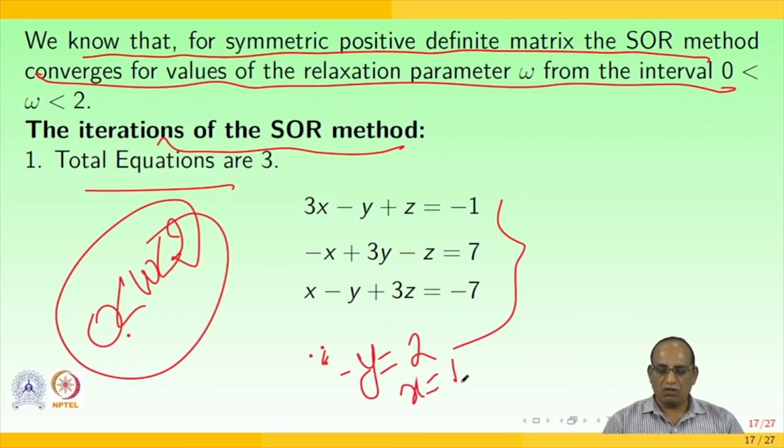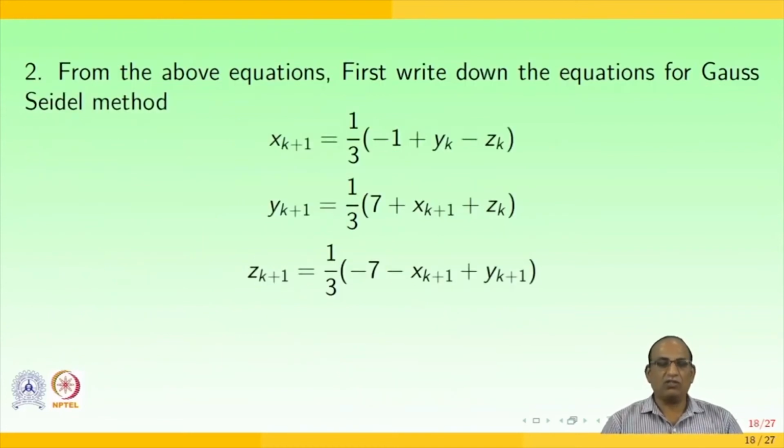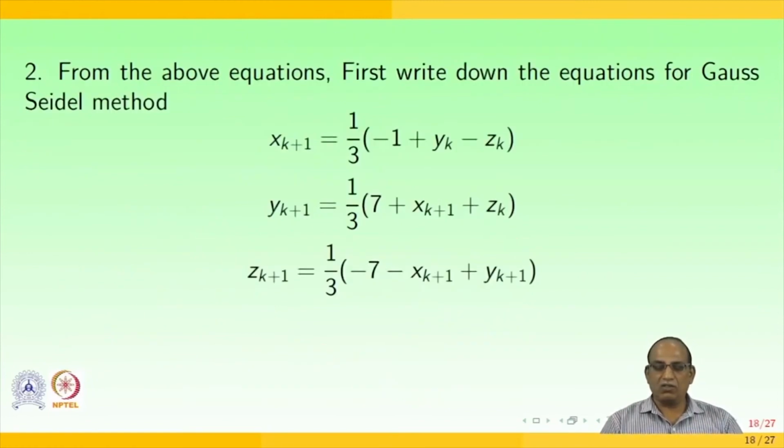x is equal to 1, y is equal to 2 and z. So it becomes very difficult to guess. So anyway, these are the three equations given. You try to see how they would be changing. From the above equations, I would like to write the first equation 3x minus y plus z is equal to 1 as x, where the scheme is x(k+1) is equal to 1 over 3.